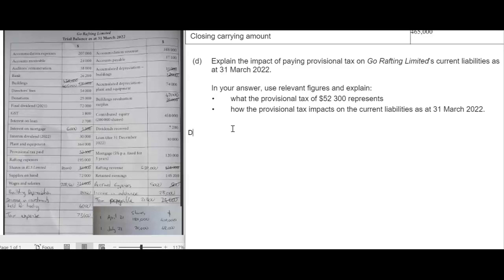So it means that during the year, go rafting, paid. Remembering this is in 3 installments, so 28% of the estimated profit. You can add that in if you like.